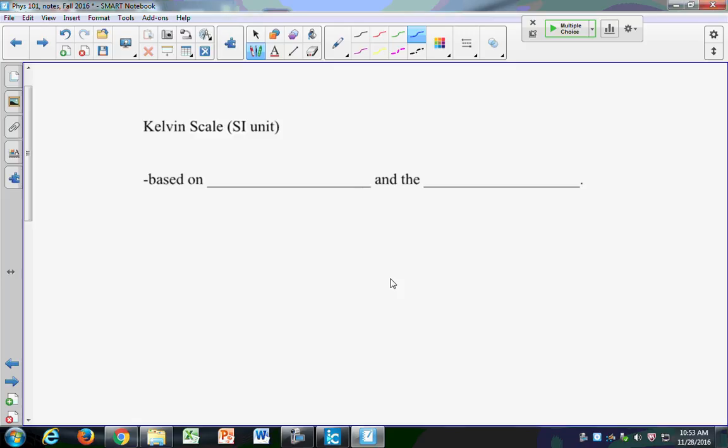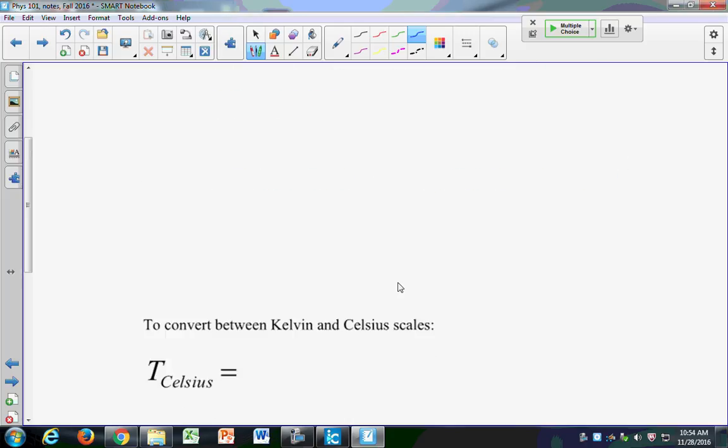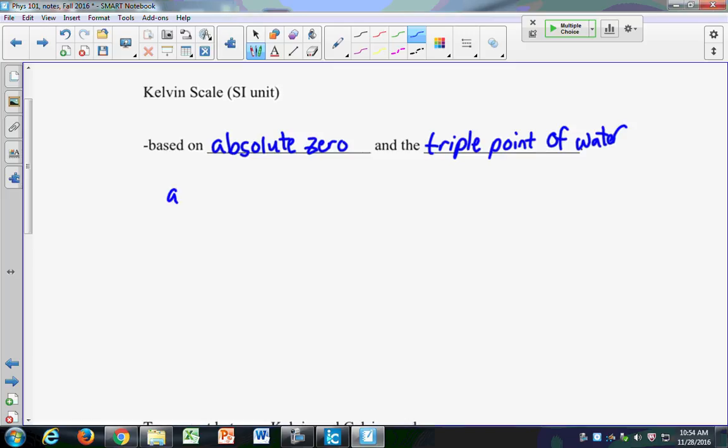The Kelvin scale is based on a completely different set of data. It's based on absolute zero and the triple point of water. And absolute zero, I think there was a movie called Absolute Zero some years ago, but this is the lowest possible temperature.